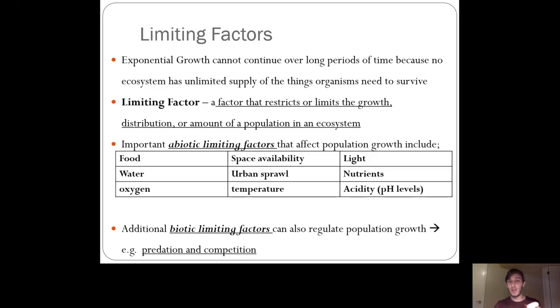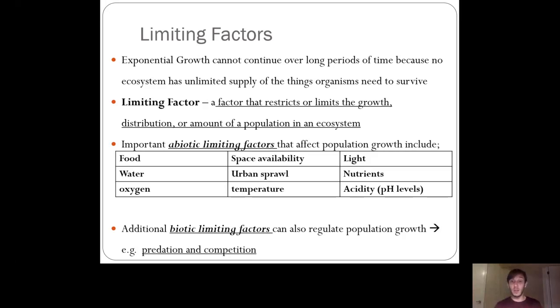Okay, things like space. Animals need a certain amount of space. Organisms need a certain amount of space. Plants need a certain amount of space to survive. Plants in particular need light. Okay, you might say, well, there's an unlimited amount of light, but that's not 100% true. Tall trees block out the light from hitting smaller plants, and so light can be limited.